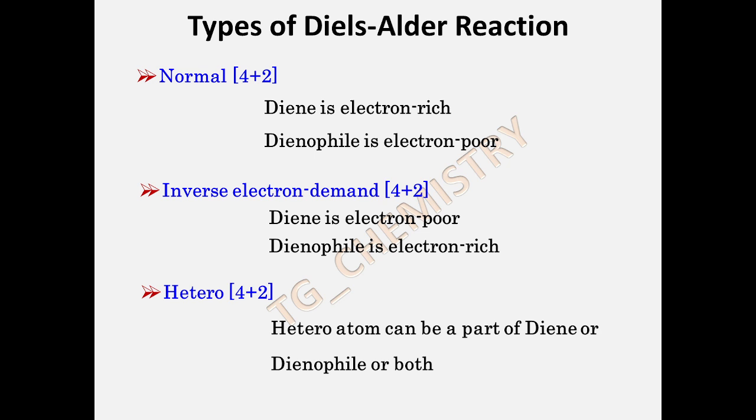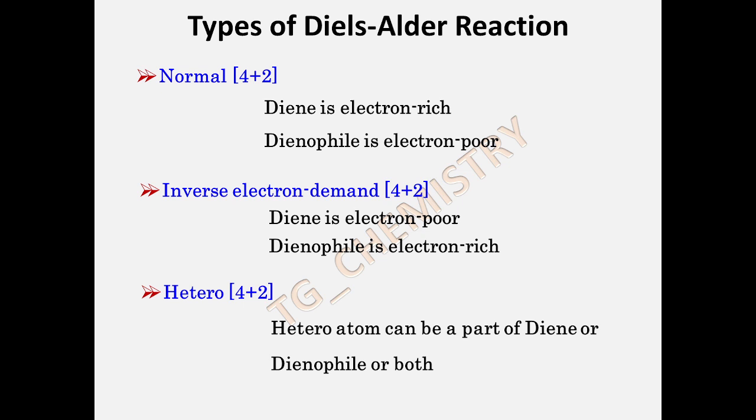As I said before, there are usually three kinds of Diels-Alder reactions: the normal 4+2 kind, where the diene is electron rich and the dienophile is electron poor, the traditional Diels-Alder reaction. Another kind involves inverse electron demand, also a 4+2 cycloaddition reaction.